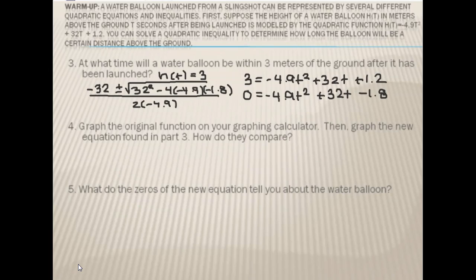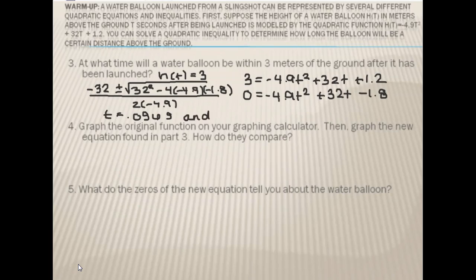So negative 32 plus 31.4439 divided by negative 2 times 4.9, or negative 9.8, gives 1 time of 0.056 seconds. And you could have said 0.057 as well.